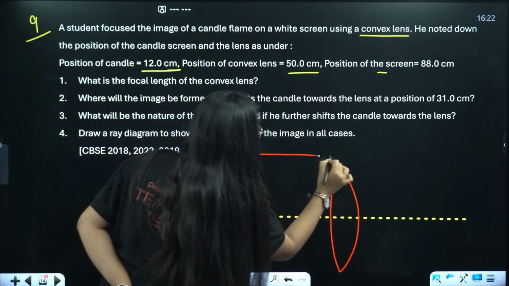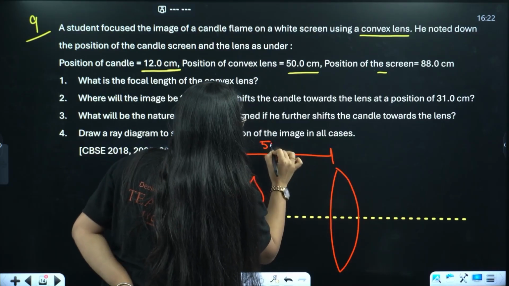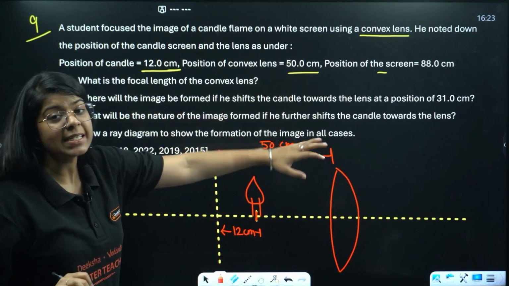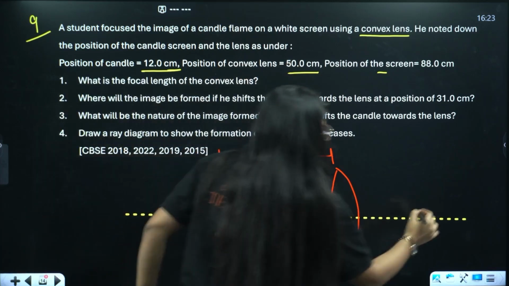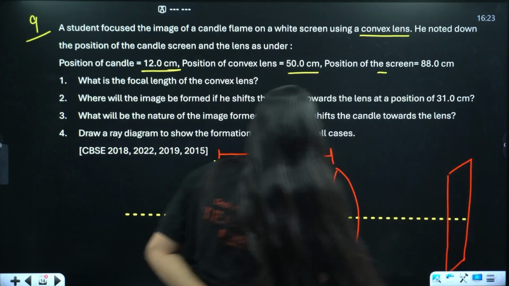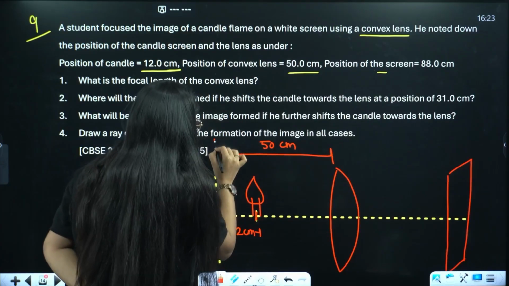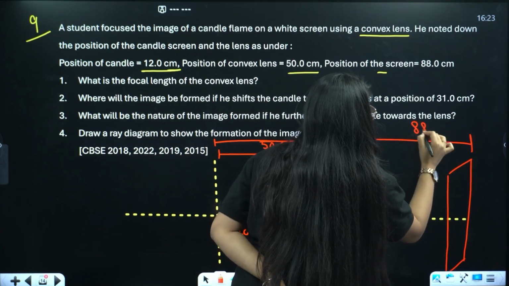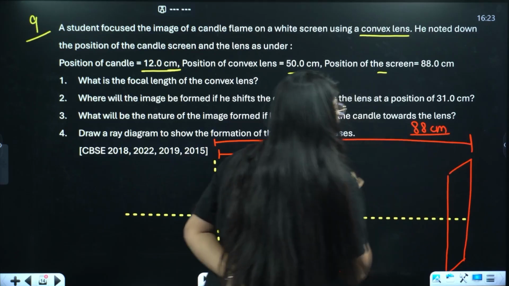So this whole will be 50 centimeter. Understood? And position of screen is 88 centimeter. That means the position of the screen will be somewhere here. So from origin, the screen is 88 centimeter away.